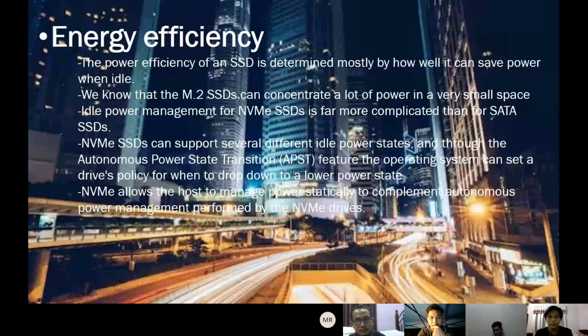NVMe SSD can support several different idle power states, and through autonomous power state transition (APST), the operating system can set a drive's policy for when to drop down to a lower power state. NVMe allows the host to manage power statically to complement autonomous power management performed by the NVMe drives.